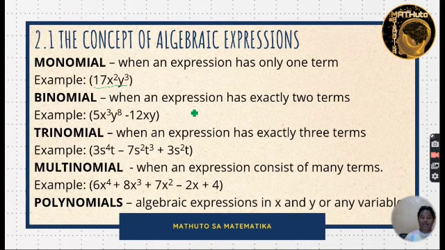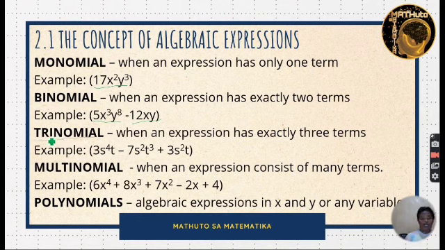And when we say binomial, an expression that has exactly 2 terms. So let us count this example. We have 1 term, 5x cubed y raised to the 8th power, and the other term is 12xy, separated by minus sign.